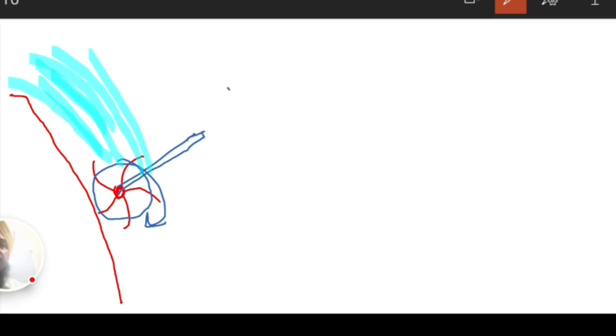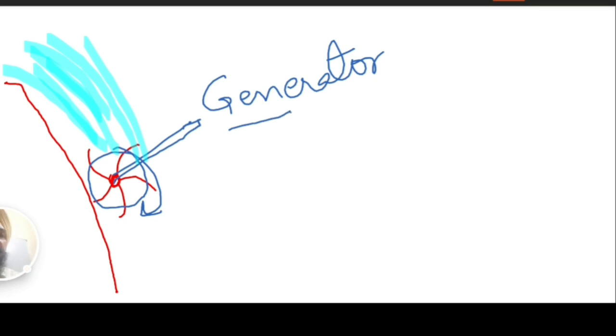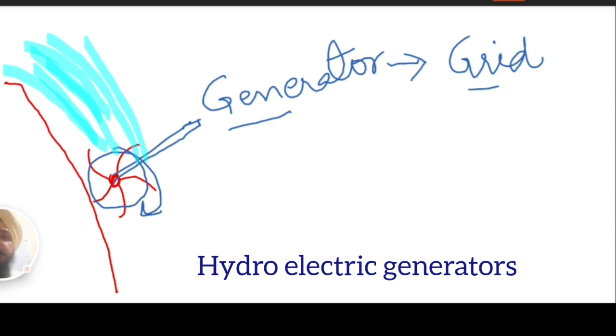They are connected to the generator. The generator is further connected to the grid, where electrical energy is further transferred using transformers to our households. So these types of generators are called hydroelectric generators.